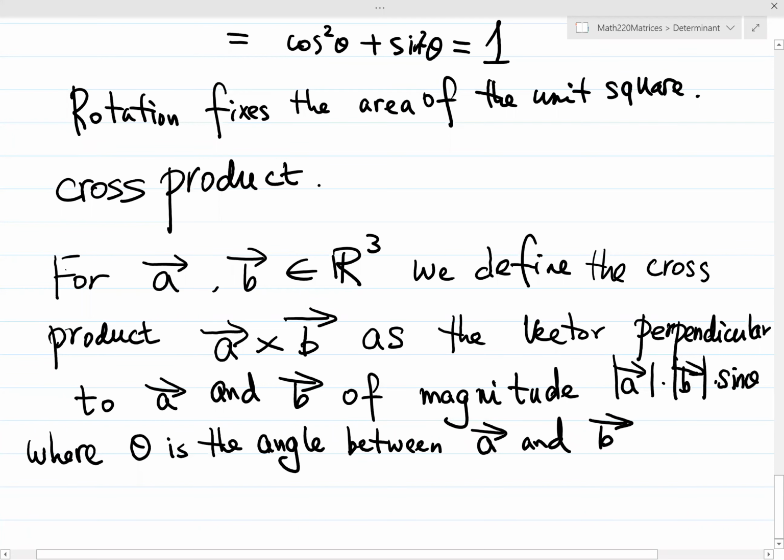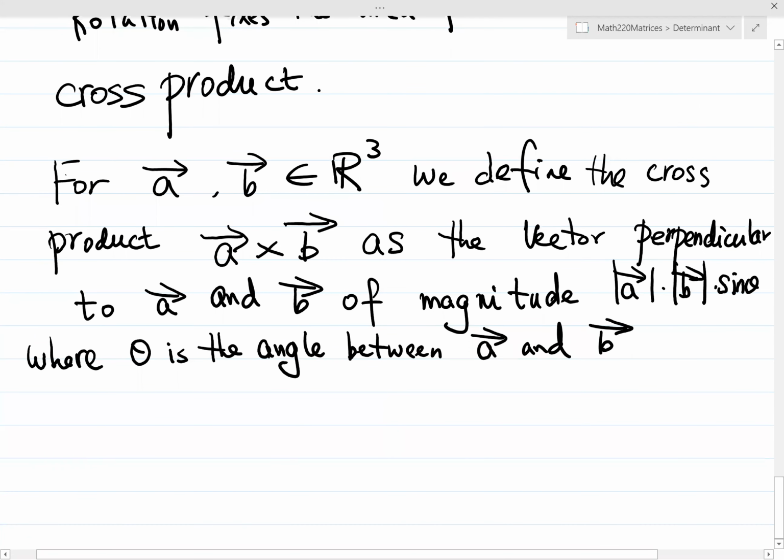Now the direction. The direction is determined by the right-hand rule.